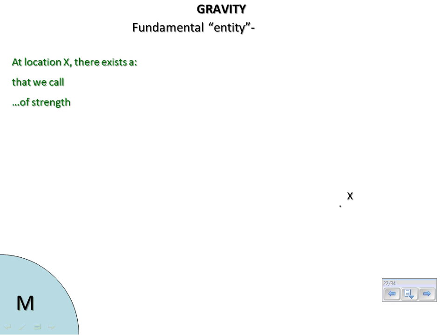Okay, so big deal. If we're dealing with gravitational stuff, what I call the fundamental entity, it's all about mass. So here's a big old mass down here. Imagine it being a planet or something like that. And at location X out here to the right, we say that there exists a gravitational field.